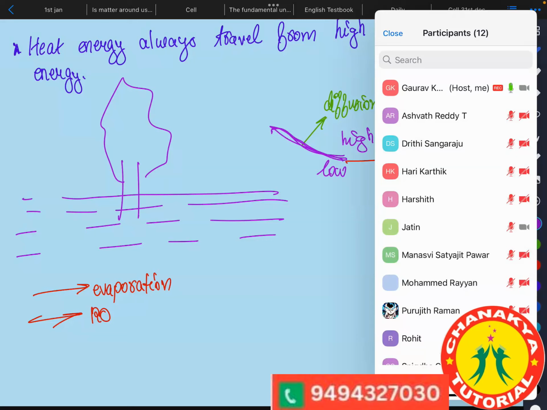Nowadays we have wells and bore wells, and we take that groundwater and use it. But this phenomenon has a poisonous effect on the groundwater. I'm just sharing this information which I read yesterday.